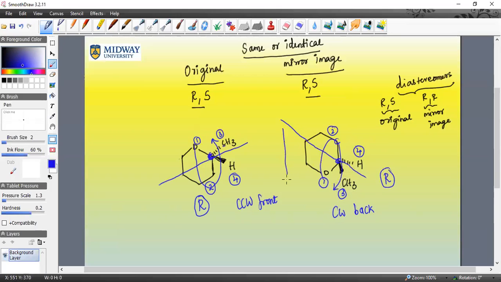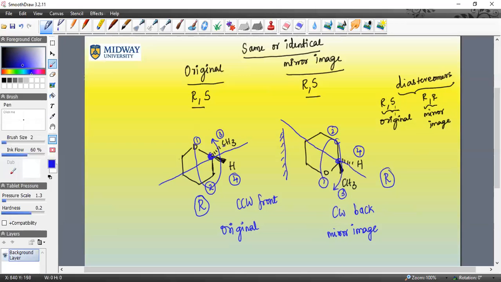So if I say this is the original, and this is the mirror image, they're both the same. As I said, you need at least 2 chiral centers to even constitute a diastereomer. I don't think you can do it with just an R and an R, because that will really not give you much idea.